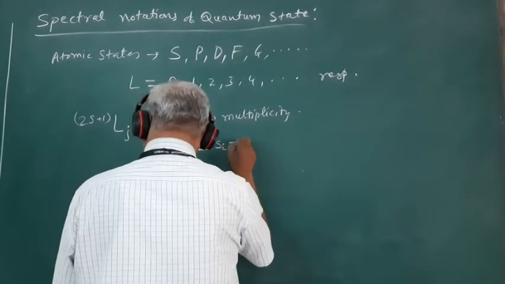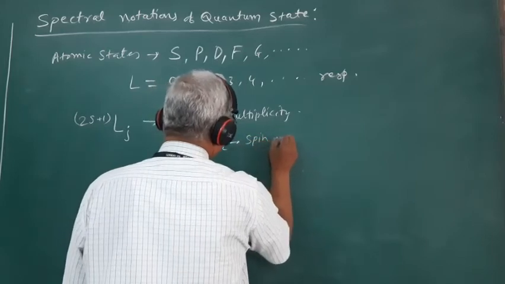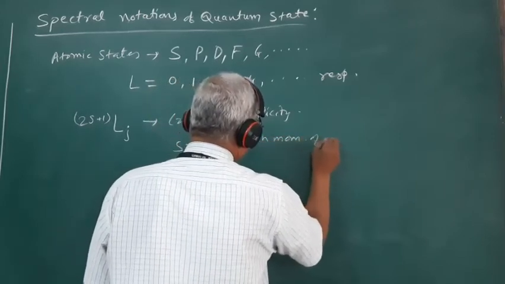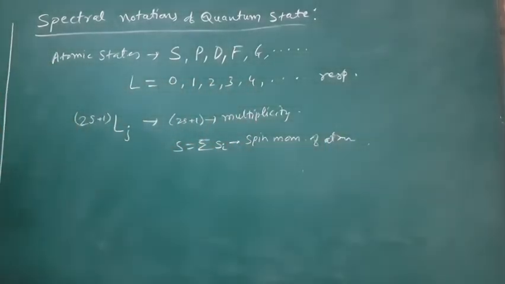It represents the spin momentum of the atom. And L is the resultant orbital angular momentum of the atom.